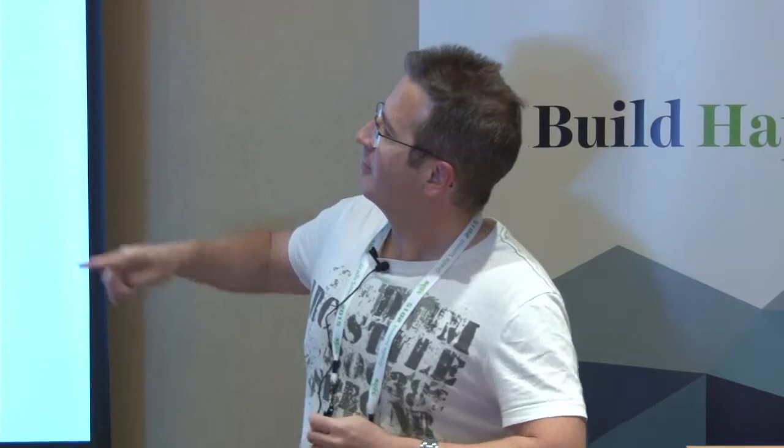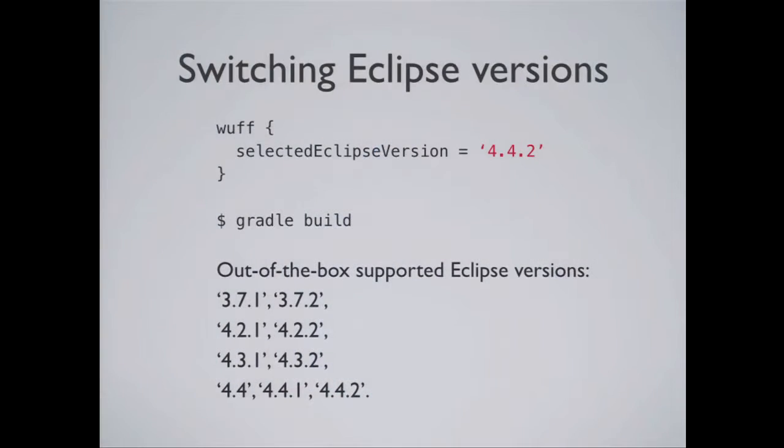Now, let's get to the sweet part. This is switching Eclipse versions. With Wuff, it's simple. It's one property called selectedEclipseVersion. Here we have a default value, which is 4.4.2. And out of the box, we support different Eclipse versions. All are listed here.